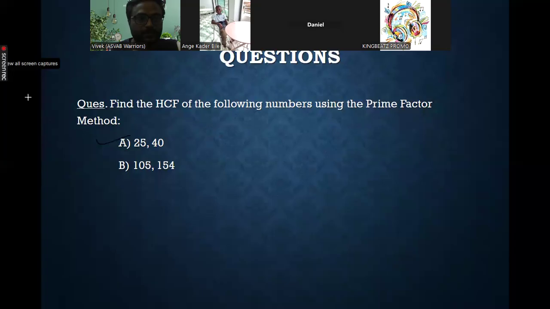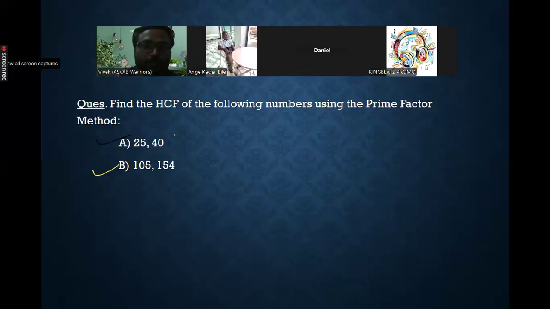You can move ahead for the second one as well. Write the answer in the chat box for the first and the second.